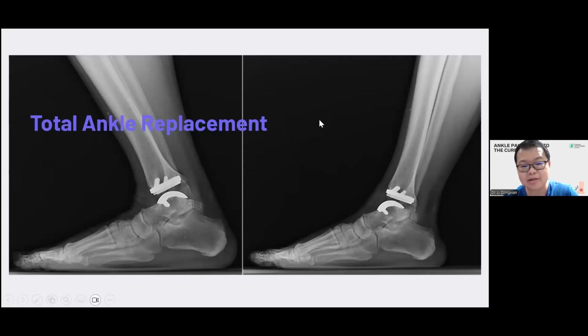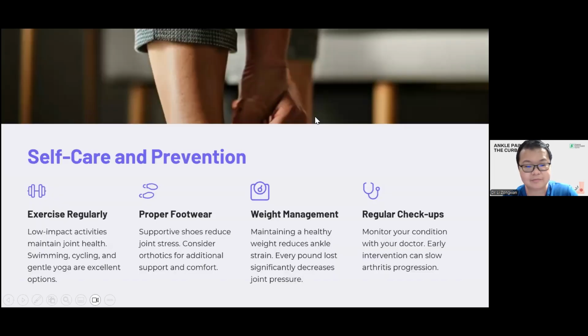It helps reduce the pain symptoms, but at the same time, it maintains some form of ankle mobility. So this is especially good for patients who still wish to have a more active lifestyle in the form of dancing, for example, or if they enjoy their frequent hikes and walks in the evening, this will be quite a good alternative for them.